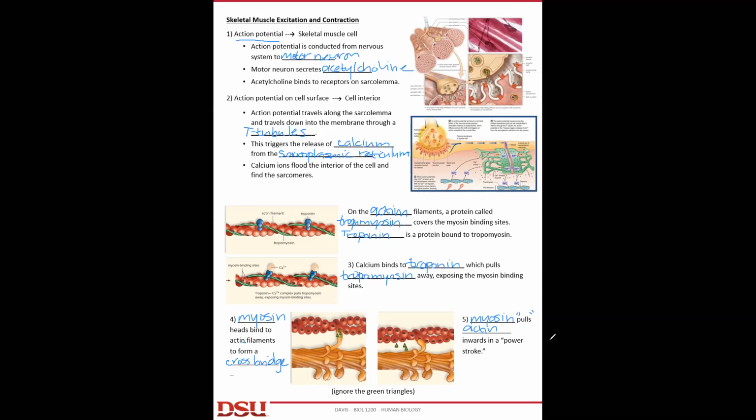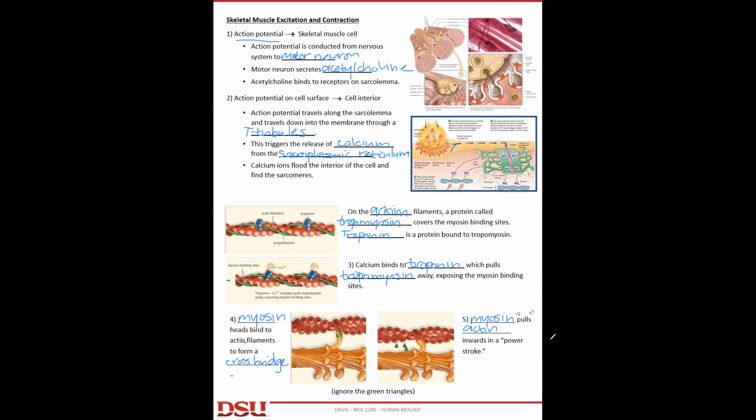And the gate needs to be open for the myosin to attach to the actin. Well, the gate is covered, and it's not only covered, it has a guard that goes with it, okay? So we have tropomyosin, which is like the gate itself, and then we have troponin, which is like the guard.